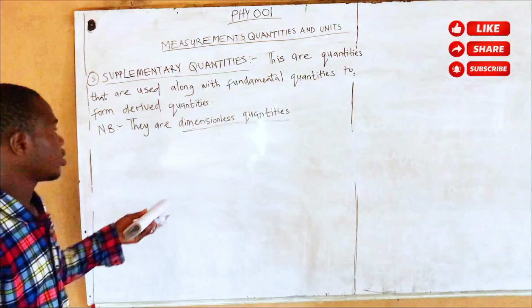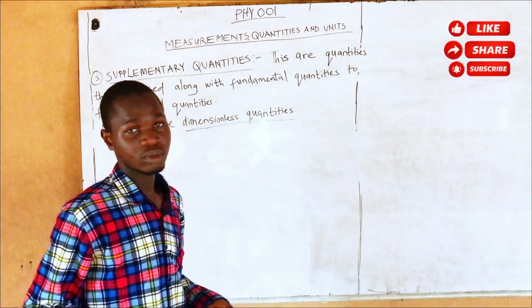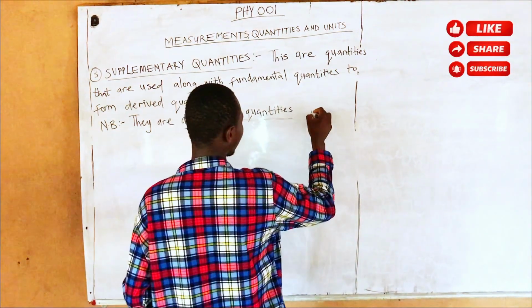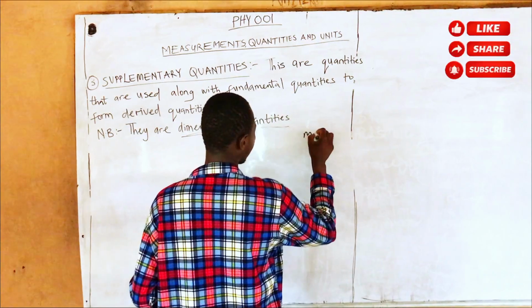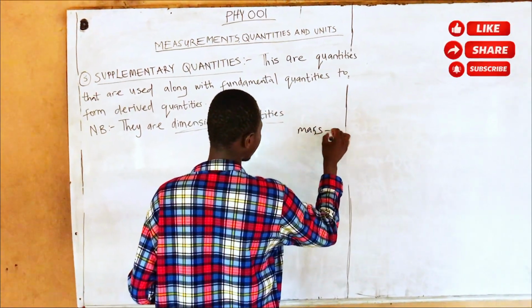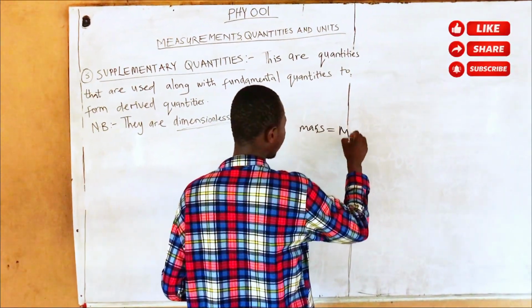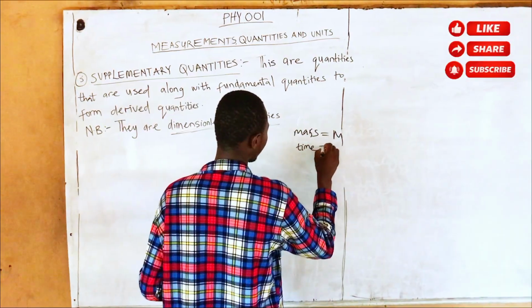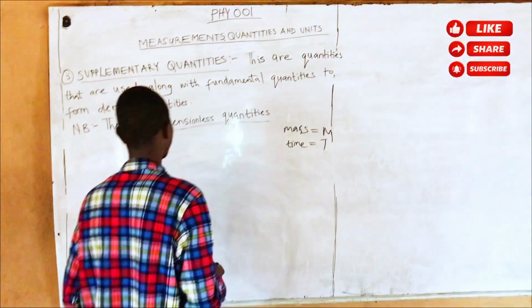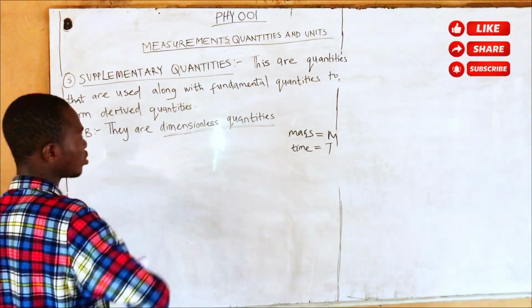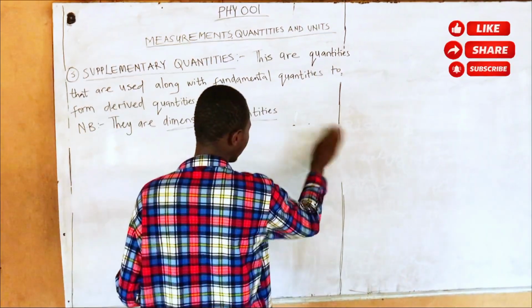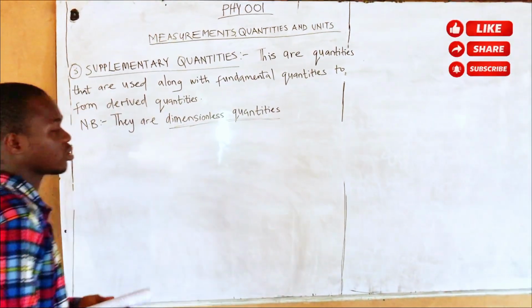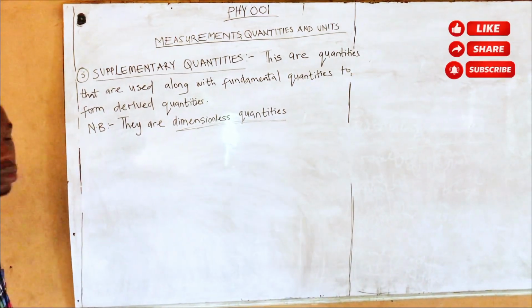That means they don't have dimension. For example, the dimension for mass is M, for time is T. But these supplementary quantities are dimensionless. That means they don't have a dimension.